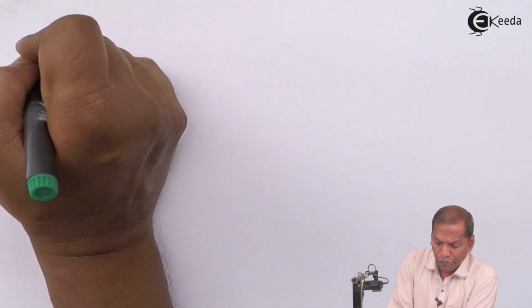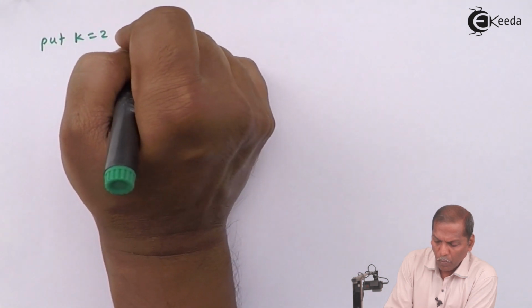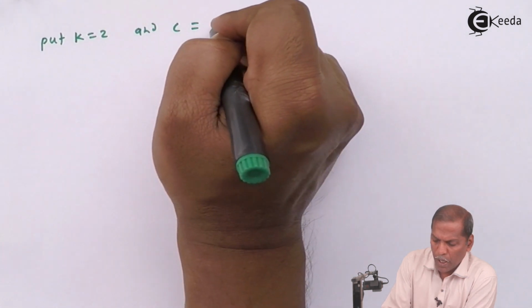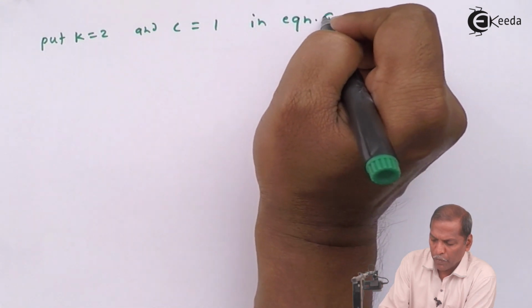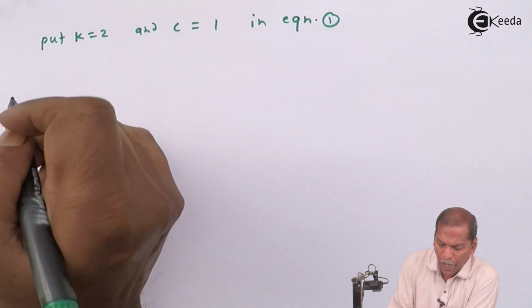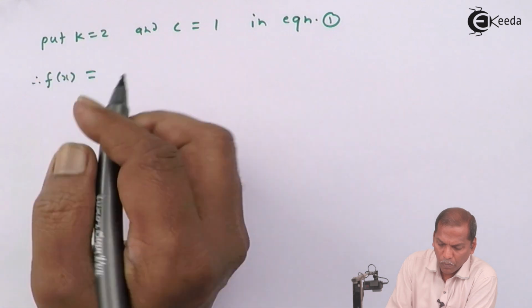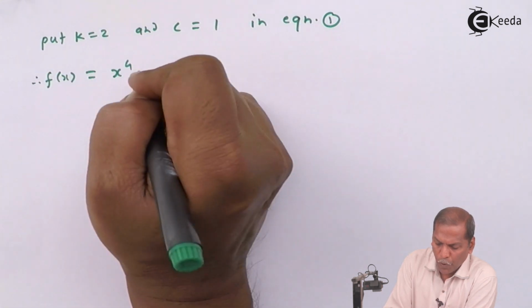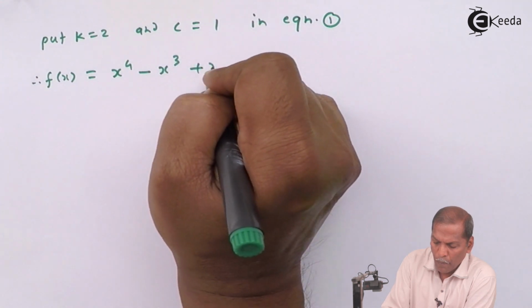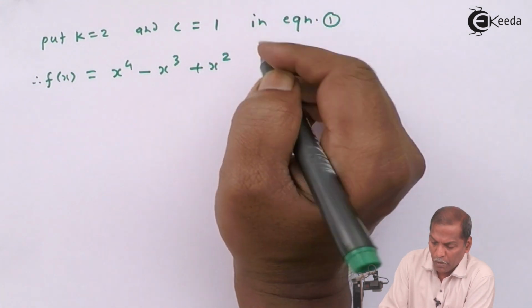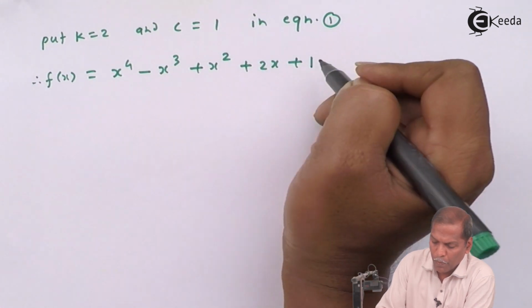Now put k equal to 2 and c equal to 1 in equation 1. So finally we get f of x is equal to x raised 4 minus x cube plus x square plus 2x plus 1.